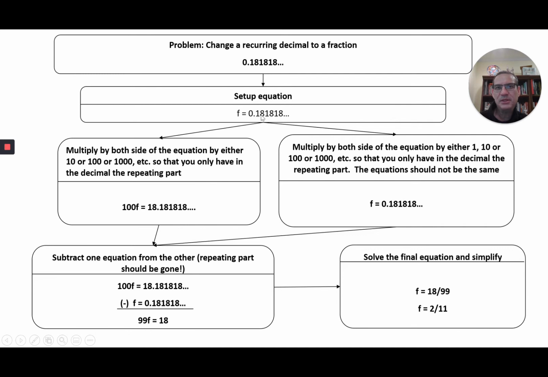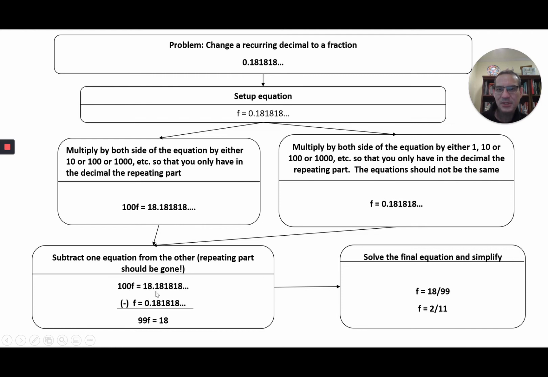If the repeating portion has 3 digits, you multiply by 1,000, and if it has 4 digits, you multiply by 10,000, and so on. Now over here we don't have to do anything because it's already only the repeating part. So I can take both equations, 100f equals 18.1818..., and subtract f.